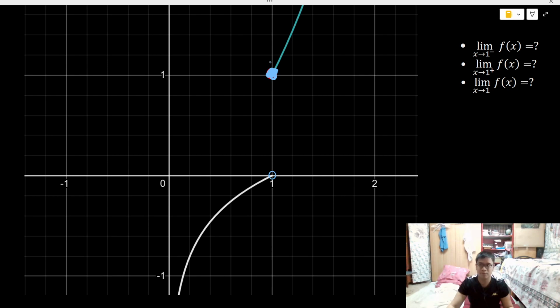Before, when we discussed graphing, the hole was a white color. Right? And this one also states that it is a hole, basically.